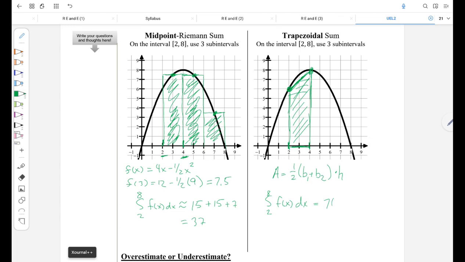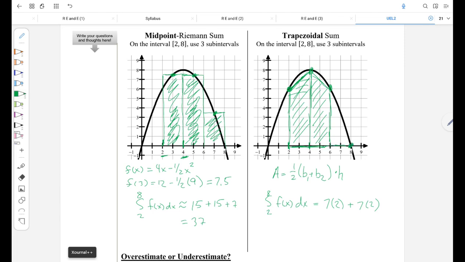The average of the bases is 7 and the width is 2. I believe our next trapezoid is going to have the same dimensions, just mirrored. So 7 times 2.